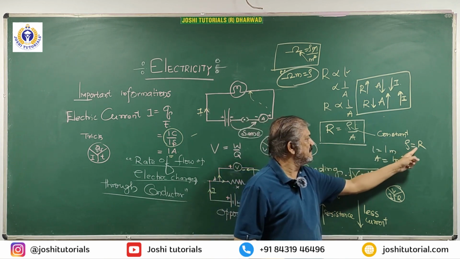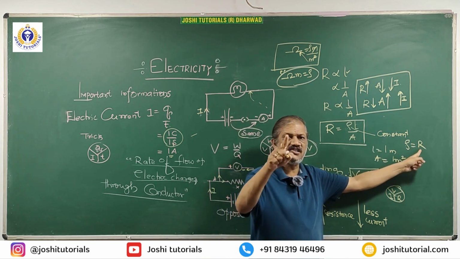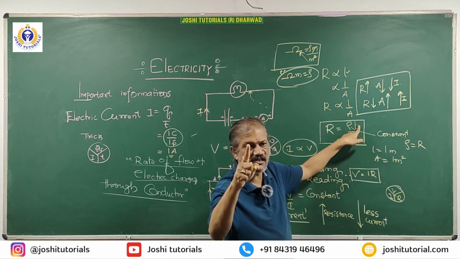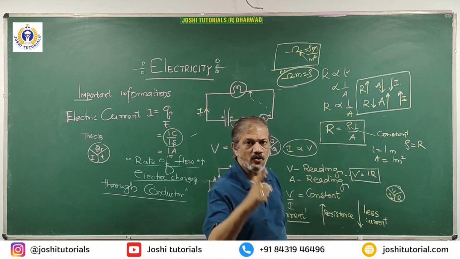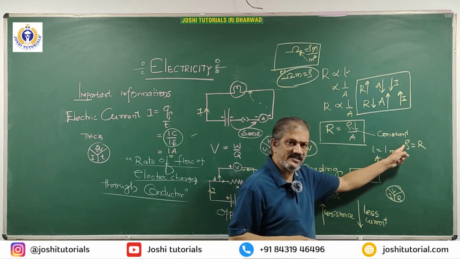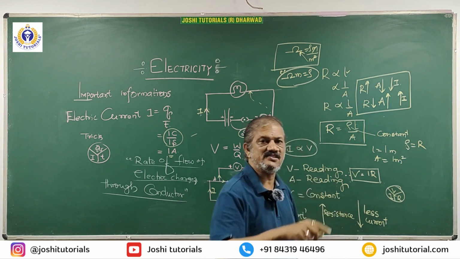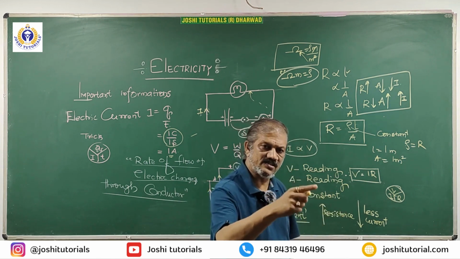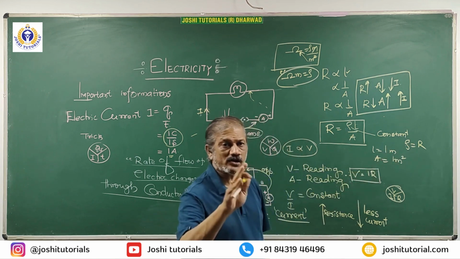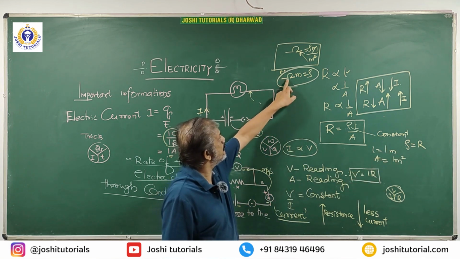The resistivity is equal to a resistance of 1 ohm only when the length is 1 meter and the area is 1 meter square. But the SI unit of resistivity is not ohm, it is ohm meter.